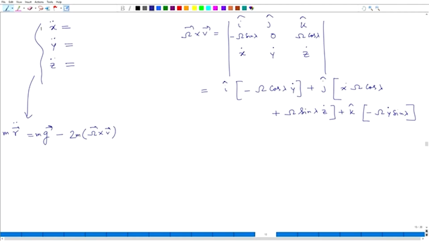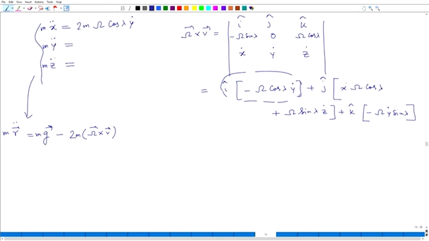So, to be very precise, you have something like this with a minus sign along i cap, this is omega cross V. So this will be plus 2m omega cos lambda y dot for x.